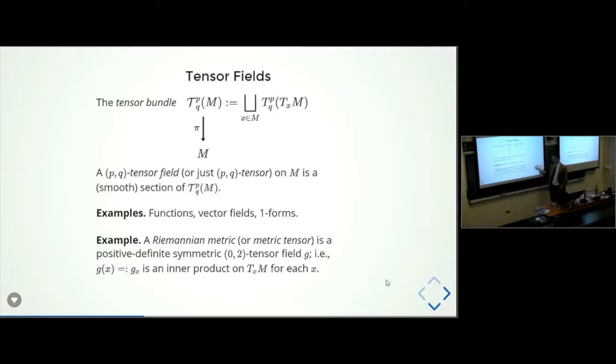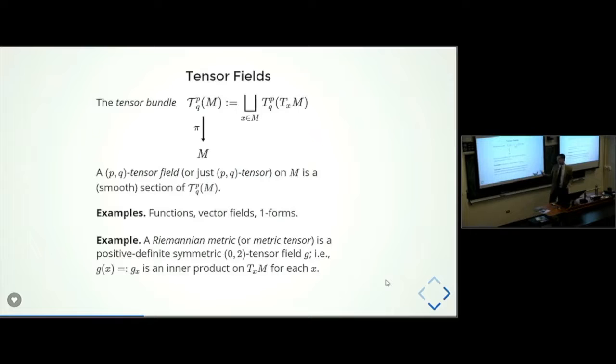Okay, an important example is a Riemannian metric, sometimes also called the metric tensor, which is a positive definite symmetric 0,2 tensor field. Positive definite symmetric is saying that at each point, I eat a pair of vectors and spit out a number.